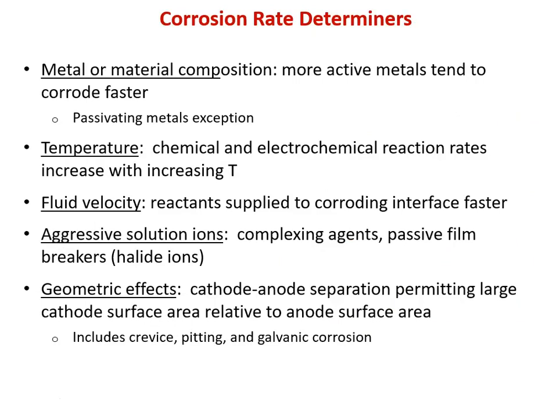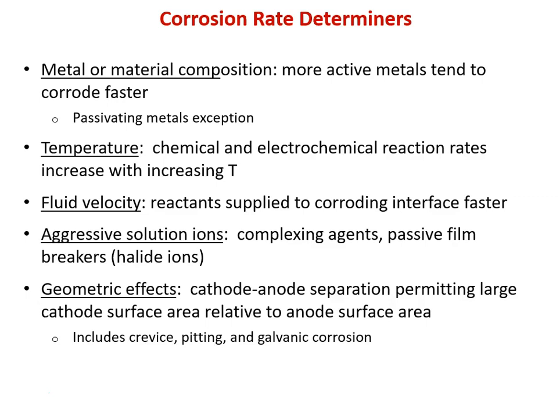Okay, which brings us to the subject of corrosion rate determiners. If we're looking at a particular system and trying to decide, say, how much money we want to put into a corrosion-resistant material, are we going to need a coating? Are we going to need some electrochemical corrosion mitigation techniques like cathodic protection? Those are all expensive, and some of them don't always work. And maybe we just want to see, what's our rate of corrosion?